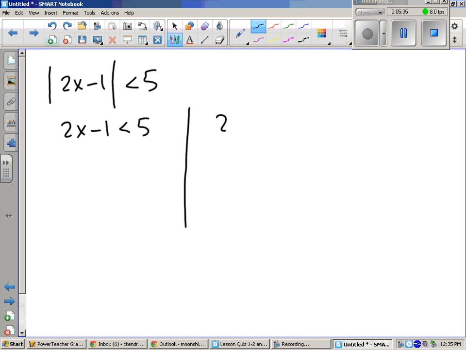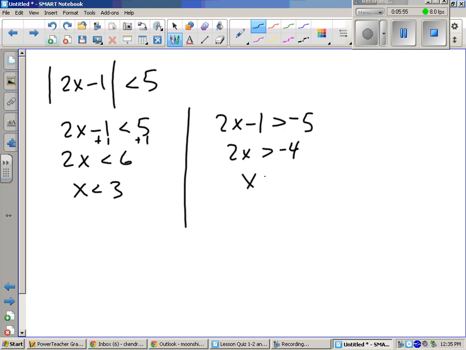The second equation, you flip it and change the sign of the other side. And then it's just back to normal. I'm going to add 1 to both sides and then divide by 2. So there's one answer. Here I'm going to add 1, so I get -4, divide by 2, and I get -2. Okay, let's graph this real quick.